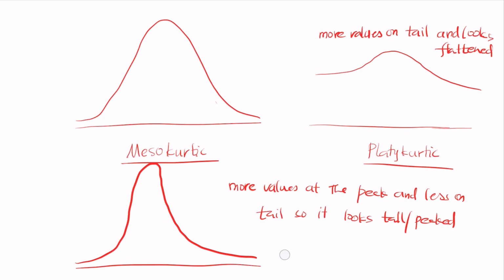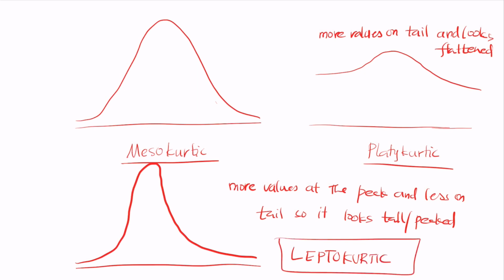This is an example of a leptokurtic distribution. If it's too peaked, then that is leptokurtic.